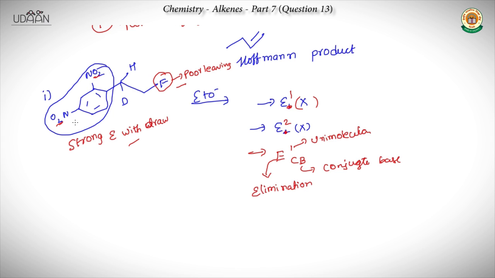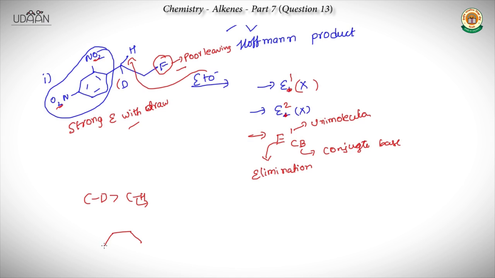Since this is a strong electron withdrawing group, first what happens is EtO minus abstracts hydrogen from it. Now you may ask, why can't it abstract deuterium? You are already told that the C-D bond is stronger than the C-H bond. So EtO minus takes H from C rather than D. First you will have this one, NO2, NO2 and a carbanion here.